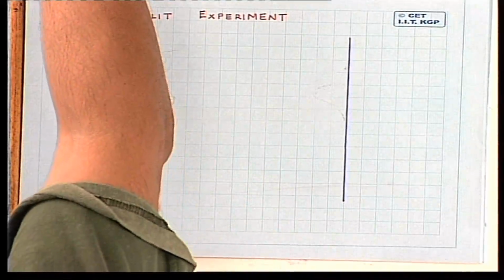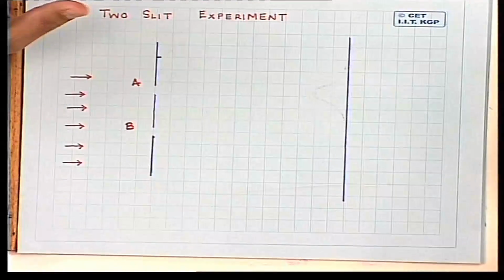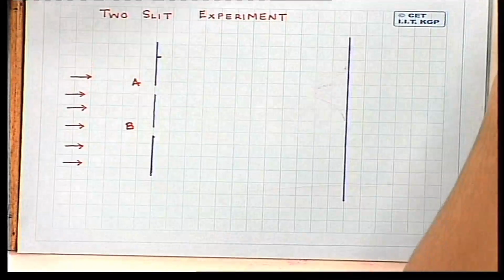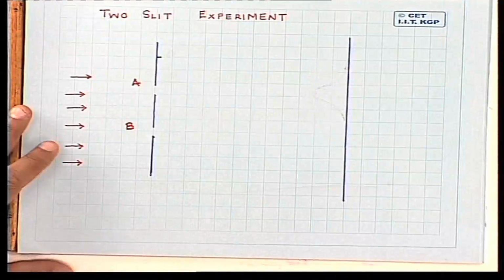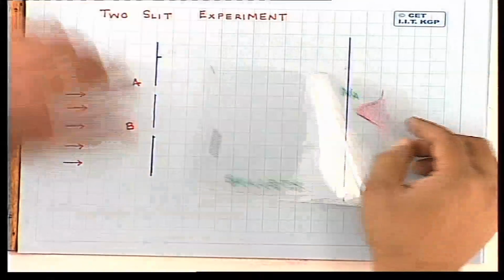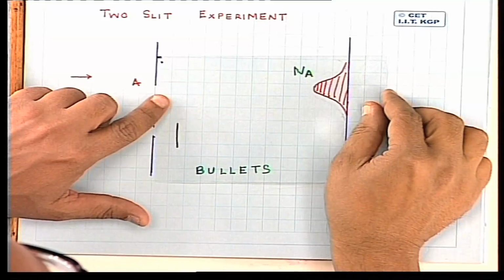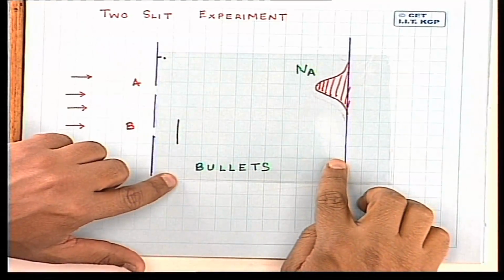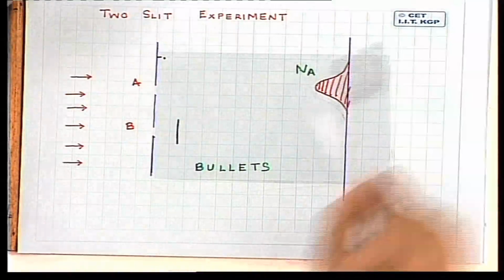Now, having finished this brief recapitulation of what we had been dealing with in the last class, let us go ahead and discuss a new situation. Let us discuss an experiment where we have two slits.